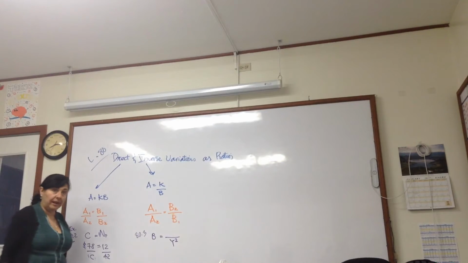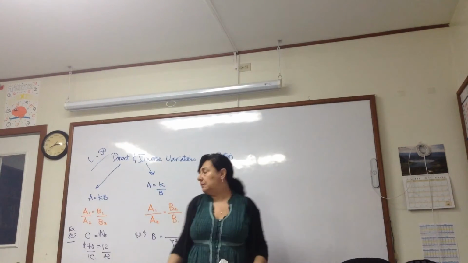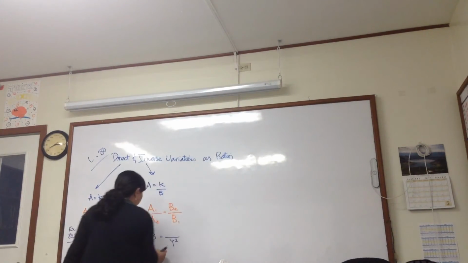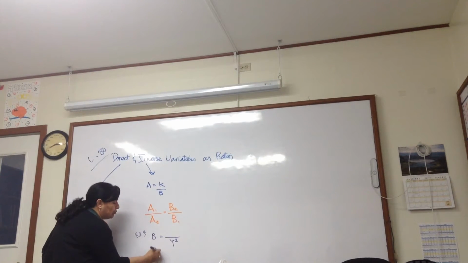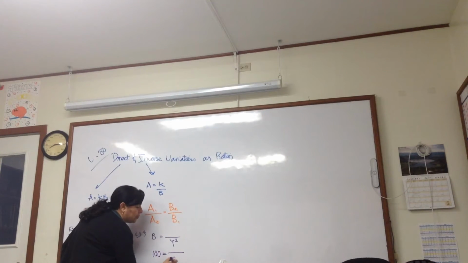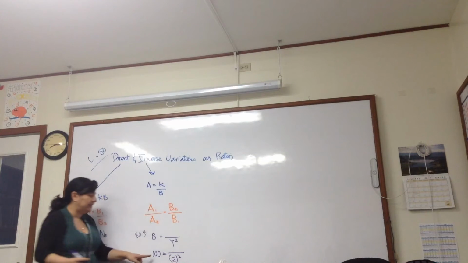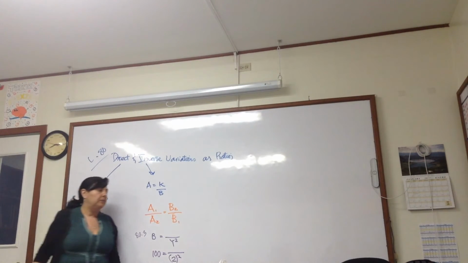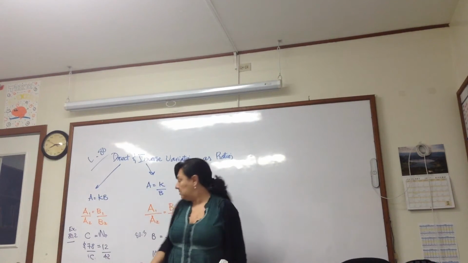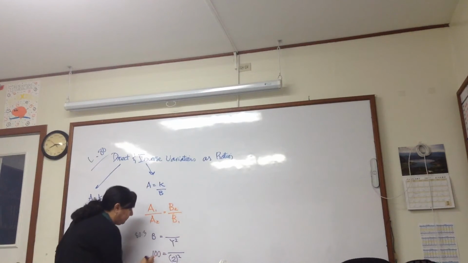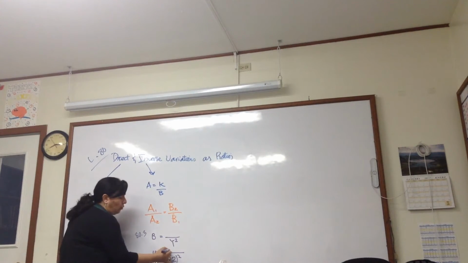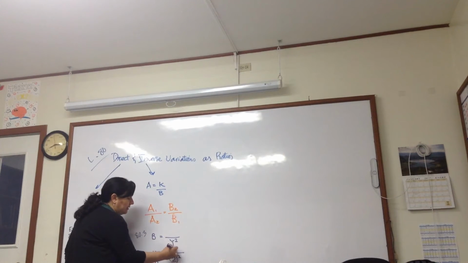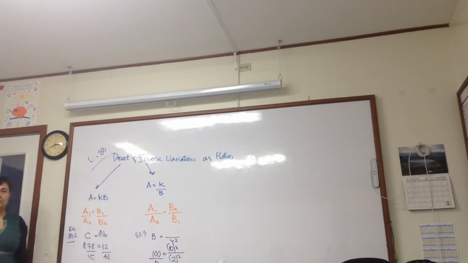If 100 blues go with 2 yellows, notice that this one's in the top and this one's in the bottom. Then, how many blues go with 10 yellows? Squared, because they tell you that it varies with the yellows squared.